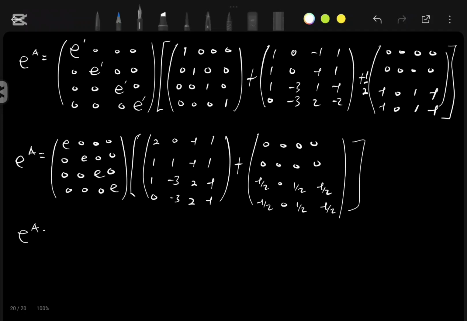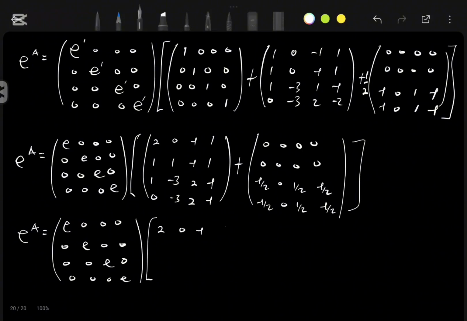So e to the power A will give us e on the diagonal with zeros elsewhere. You have 2, 0, minus 1, 1, 1, 1, minus 1, 1.